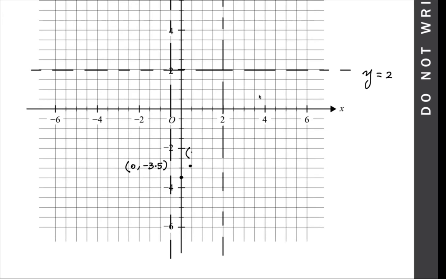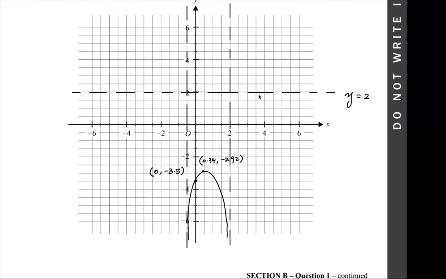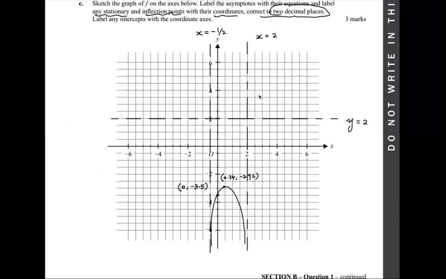This is 0.34, comma, minus 2.92. So make sure your point is in the correct grid, okay? In the correct box. And the middle branch is not symmetrical, okay? It's slightly towards the left.